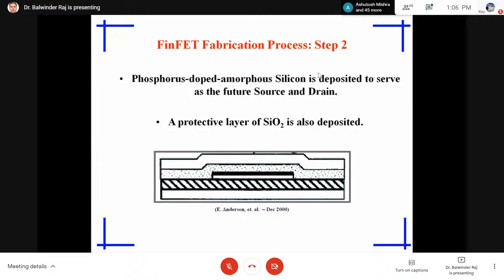If I have to make this FinFET a P-type, then I will go for the trivalent type of impurity, and maybe indium, gallium, or aluminium, or boron type of impurity will be used. So these are done with the help of a diffusion process or ion implantation process to make this device doped.